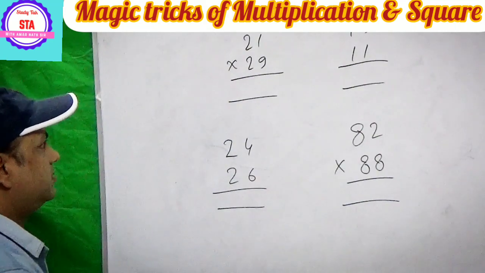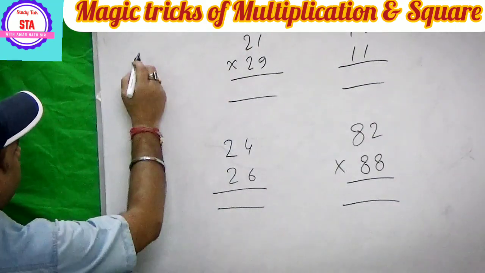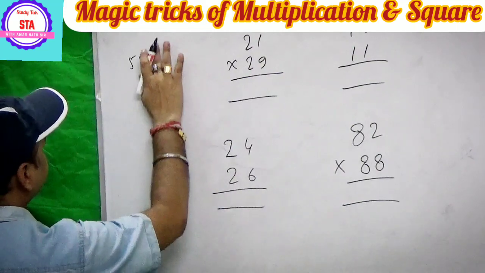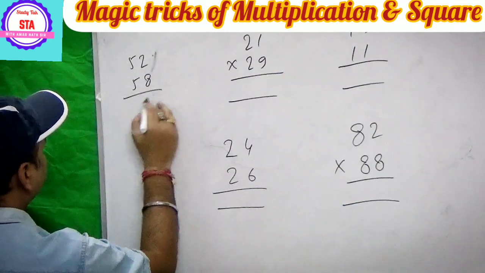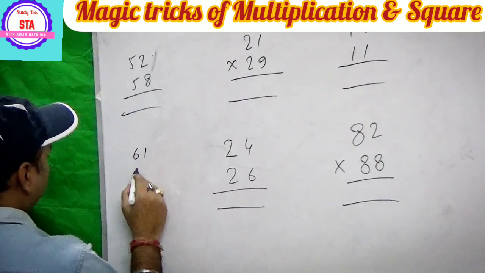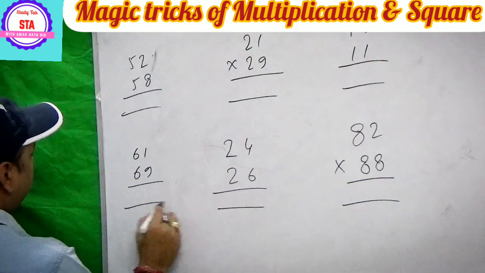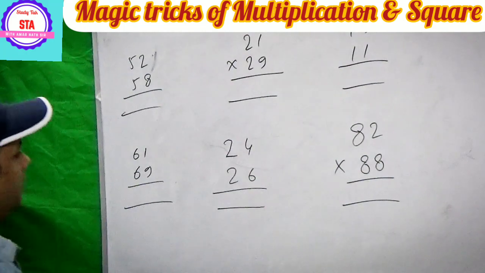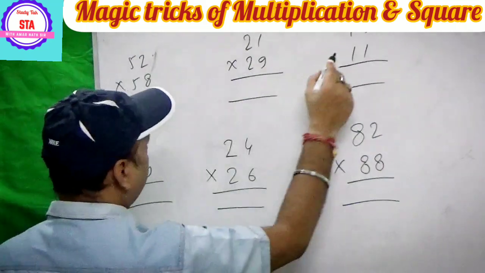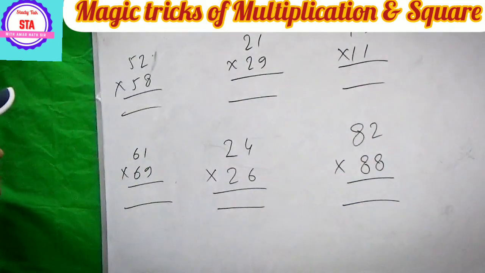You can take any numbers. 52 into 58. 61 into 69. These are all your homework. You can multiply and write all these answers in the comment box.